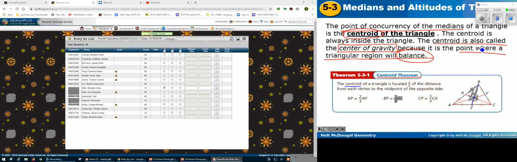So the centroid of a triangle is located 2/3 of the distance from each vertex to the midpoint of the opposite side. To me, that's a little bit wordy. I like to write it this way, so maybe you want to add this in your notes.